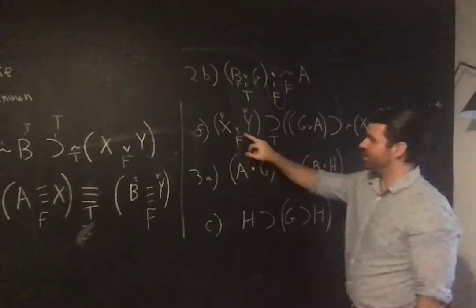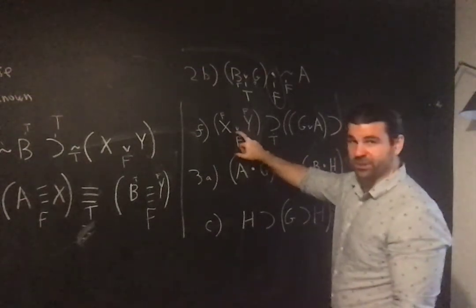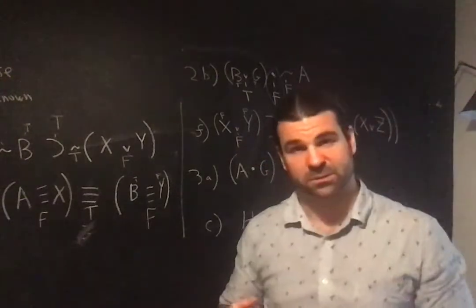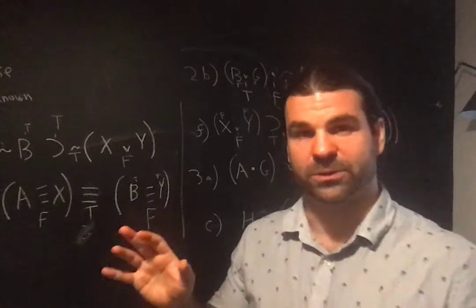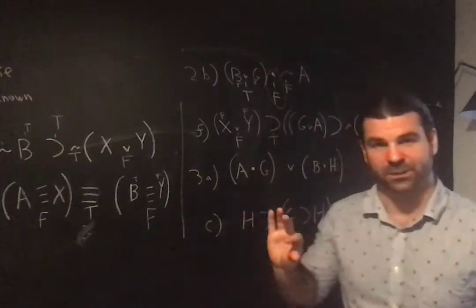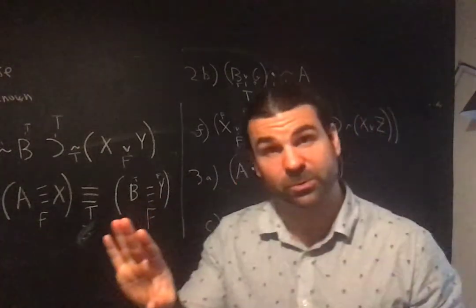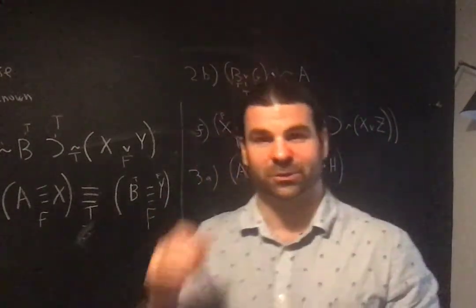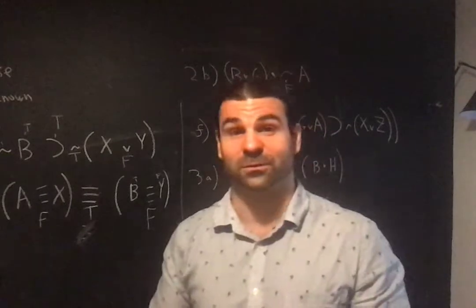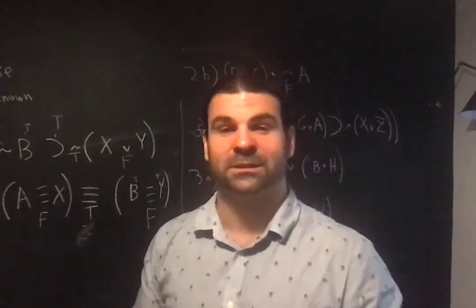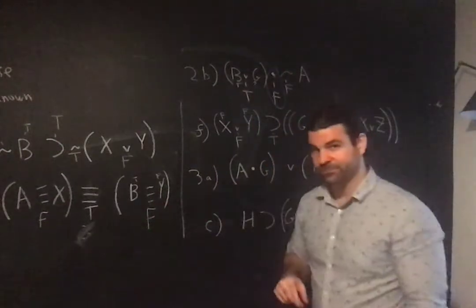The falsity of this disjunction suffices for the truth of that, because conditionals with false antecedents are always true, just as conditionals with true consequents are true. Don't get them mixed up. Don't say conditionals with true antecedents are always true, because they're not. T hook F is false.